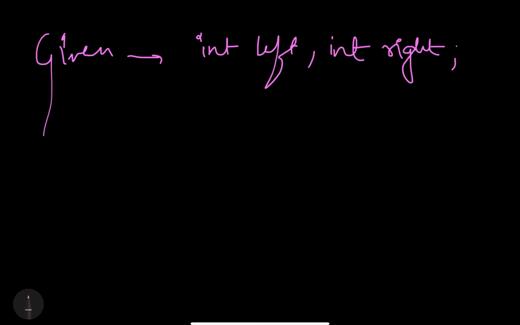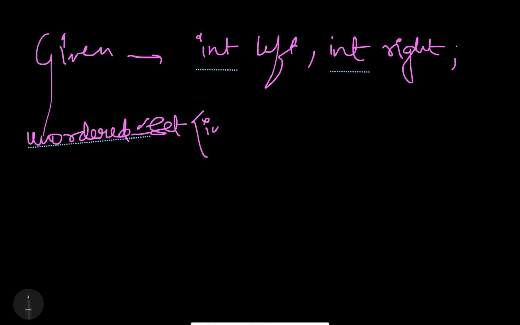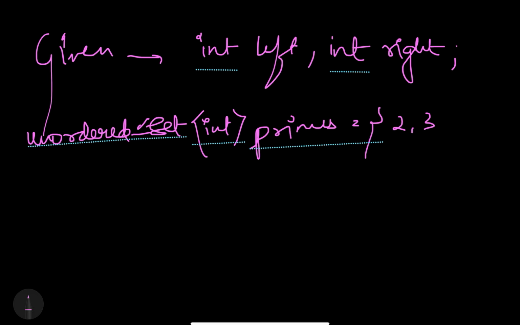Now as the constraint is very small, we can have an unordered set in which we store the prime numbers till 20, because more than that will go beyond our constraint range.